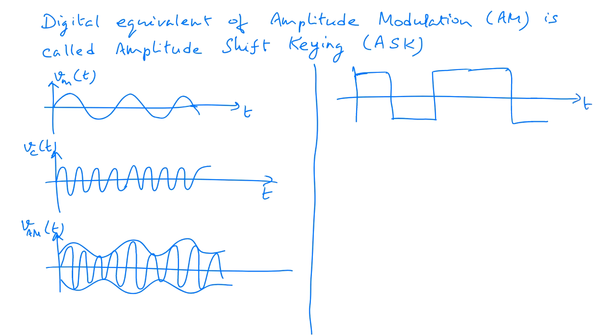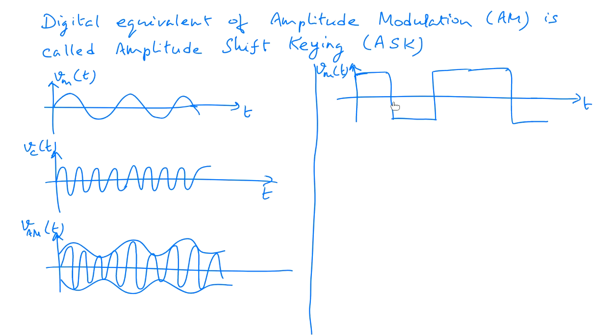So this is our Vm of t, but now we have only two amplitude levels, unlike in the analog case where we have a continuous variation of the amplitude level. Here we have only a positive amplitude level and a negative amplitude level, or it can be a positive amplitude level and a zero amplitude level, right?